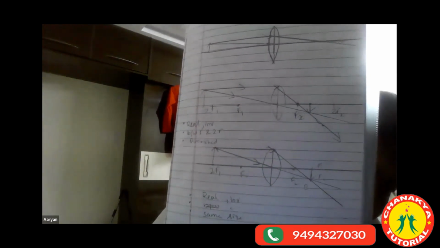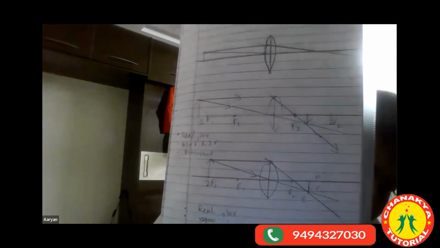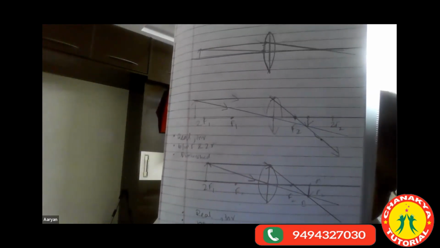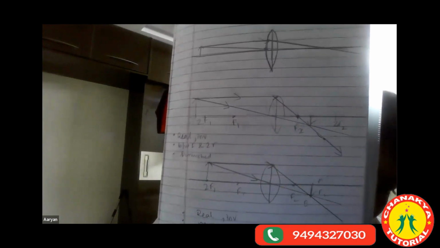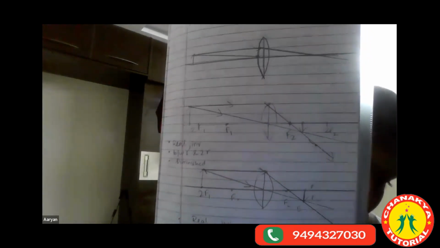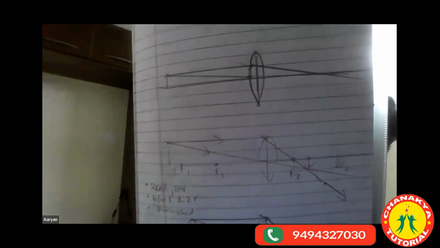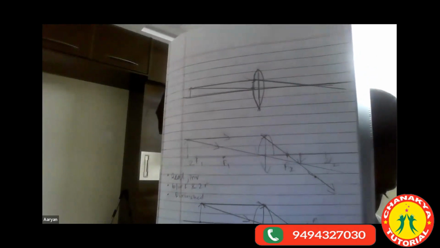No, this diagram is incorrect. You have placed the object at 2F and you are getting a small image. See, the reason is that you have not made proper measurements. The focal length on both sides of the lens should be the same. Take your scale and with your scale take proper measurements.